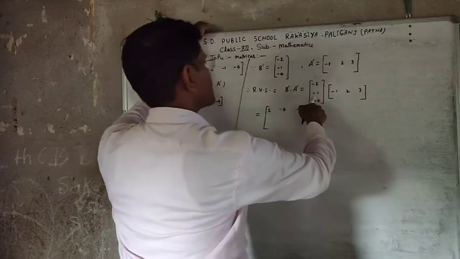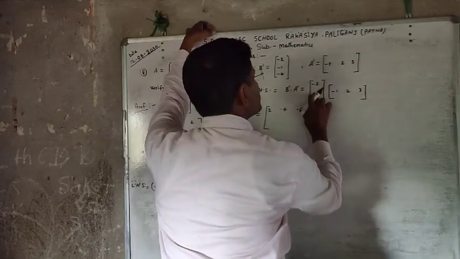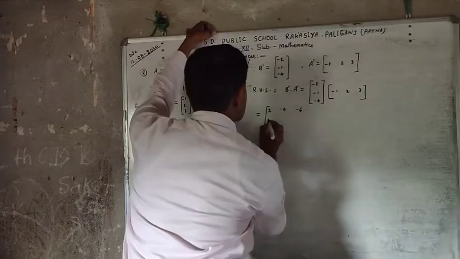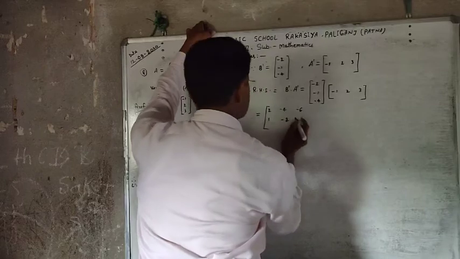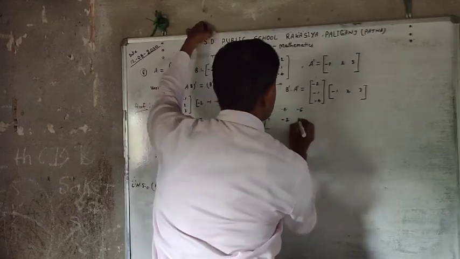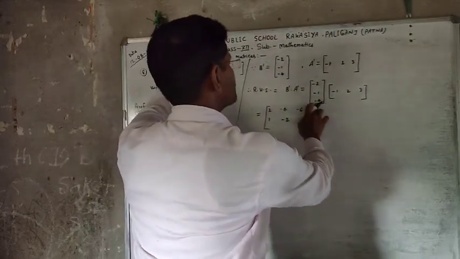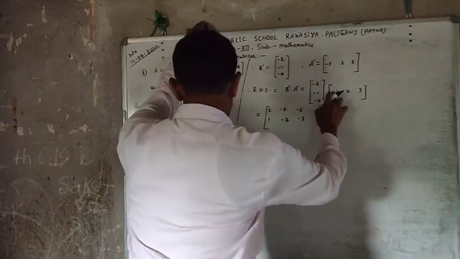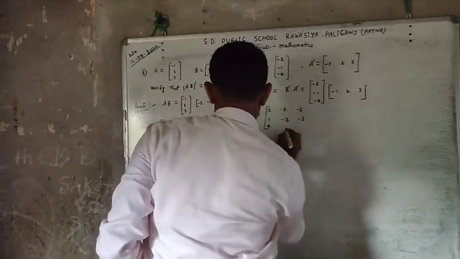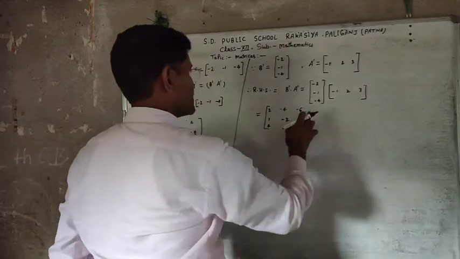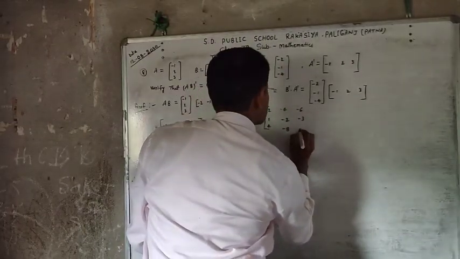Now we multiply the second row with all columns: minus 1 into minus 1 is 1, minus 1 into 2 is minus 2, and minus 1 into 3 is minus 3. From the last row, minus 4 into minus 1 is 4, minus 4 into 2 is minus 8, and minus 4 multiplied with 3 is equal to minus 12.